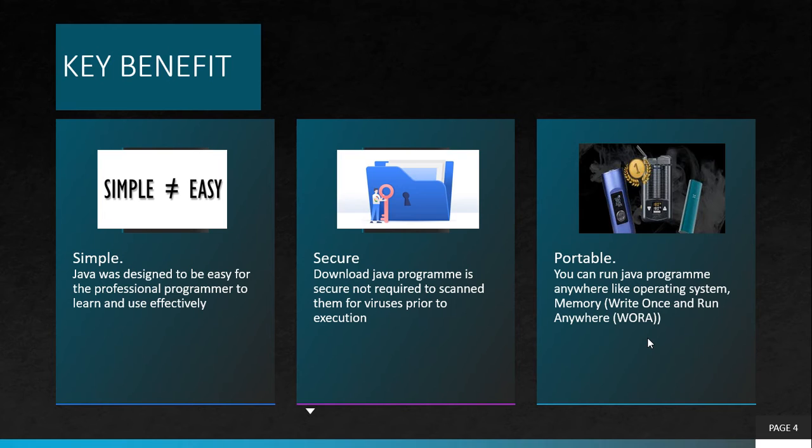Before Java, whenever you downloaded any software, you usually scanned that software and all its executable code to make sure there was no virus or vulnerability. After Java, because we have the JVM, the Java Virtual Machine, on top of which the Java code executes, you don't have to think about security or any vulnerability in a Java application.